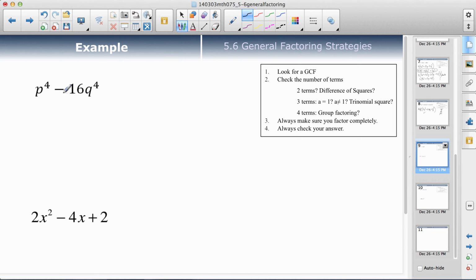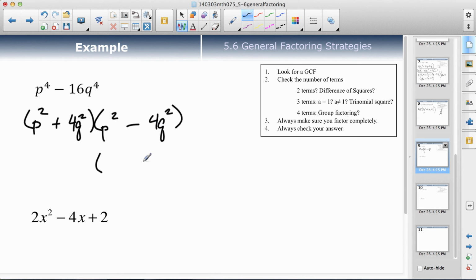Oh, two terms, difference of squares. So I'd have a p^2 and a p^2. This splits up into 4q^2 and 4q^2. One's plus, one's minus. Oh, that's another difference of squares. Oh, I love difference of squares.